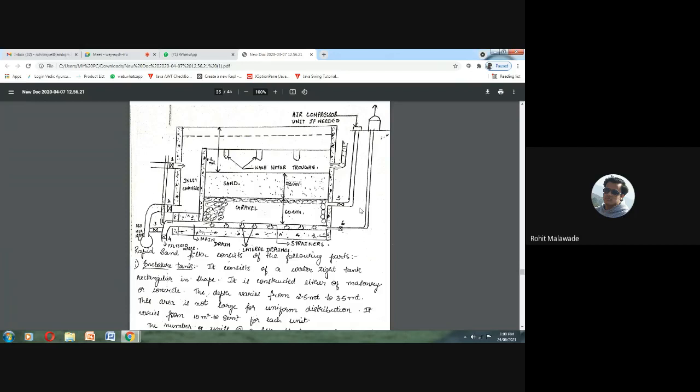So 6 will be kept open, and 5, if we supply air, will be kept open. Then water will enter from this. Valve number 1 is kept closed. The polluted water will come out through valve number 2 and valve number 3, and valve number 4 should be kept closed.